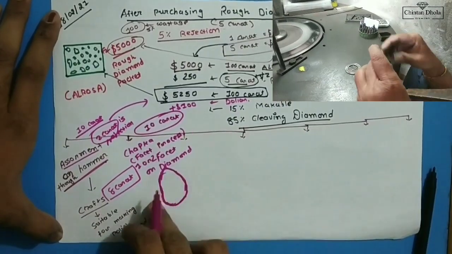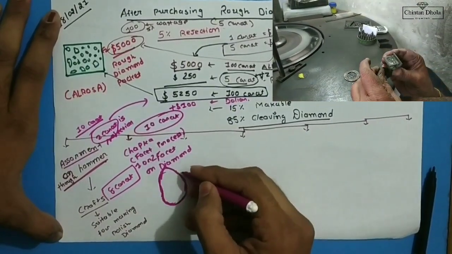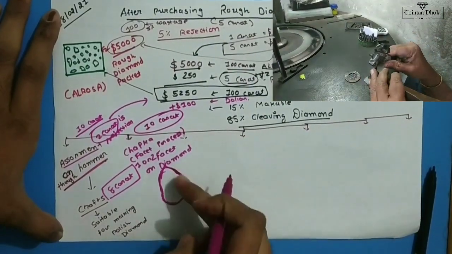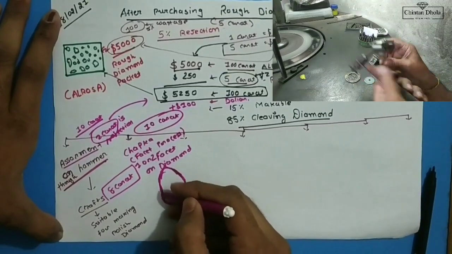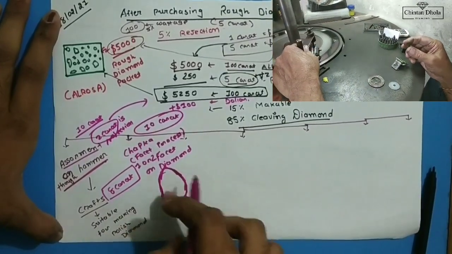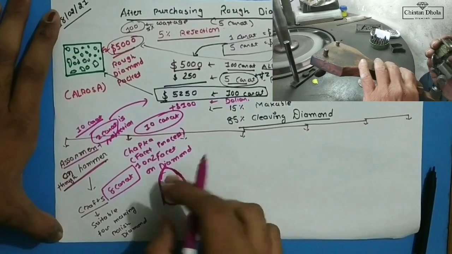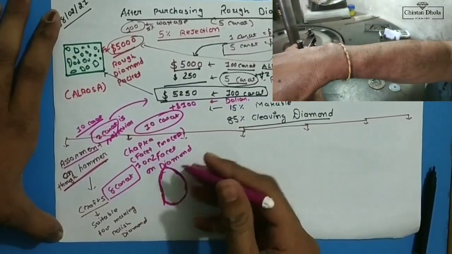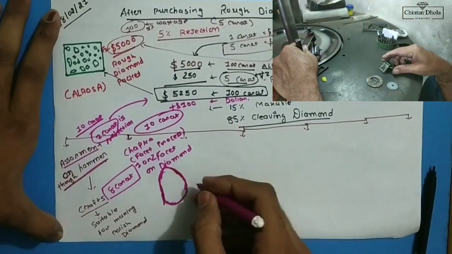So we have to make one facet on it, and after that another facet here, so we can see what is exactly inside this diamond.